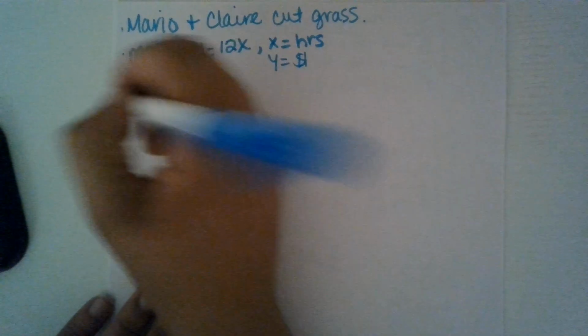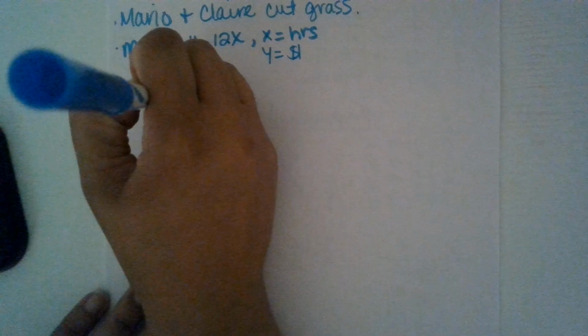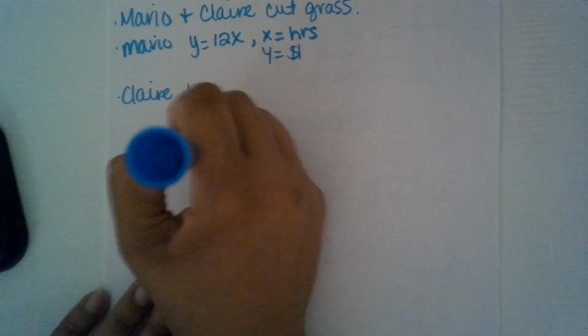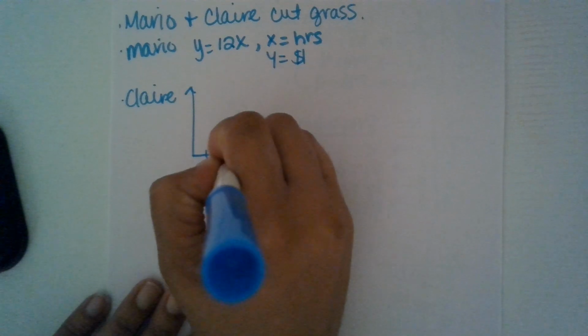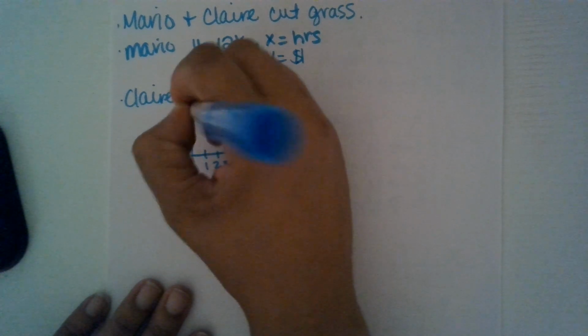Whereas Claire, hers is a graph model. Her hours is down here. Her cost is on the side.